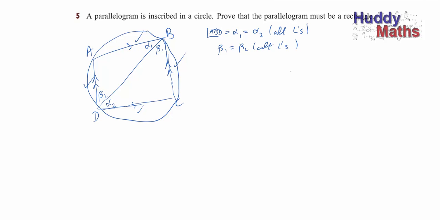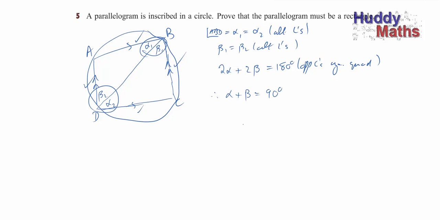And now, what can we do? Well, let's use the cyclic idea. Let's go through each piece of given information carefully. So now we can say that plus that, so that's 2 alpha plus 2 beta is 180, opposite angles cyclic quadrilateral. Therefore alpha plus beta equals 90.